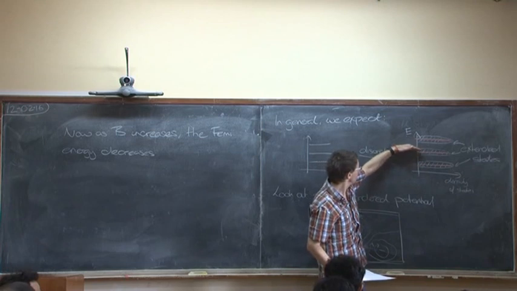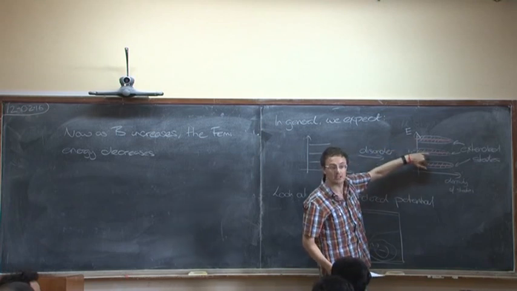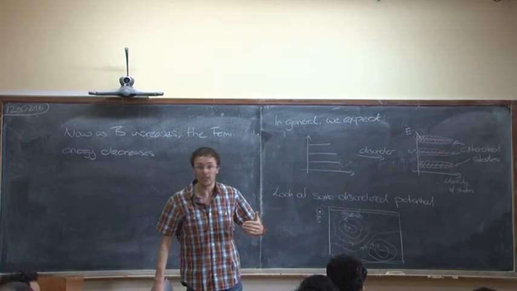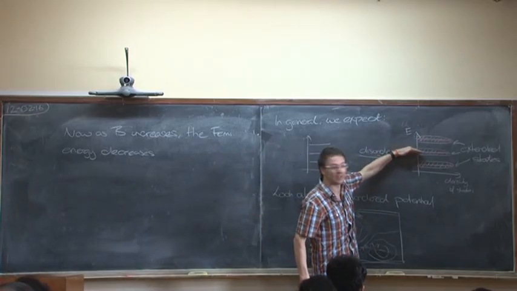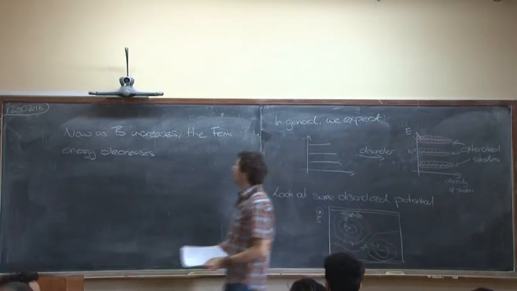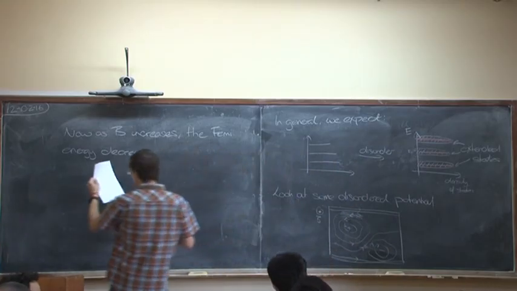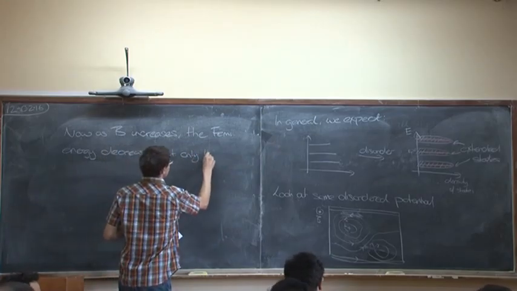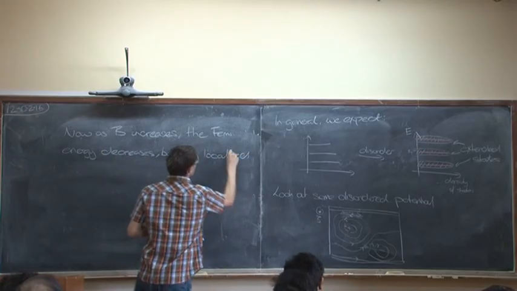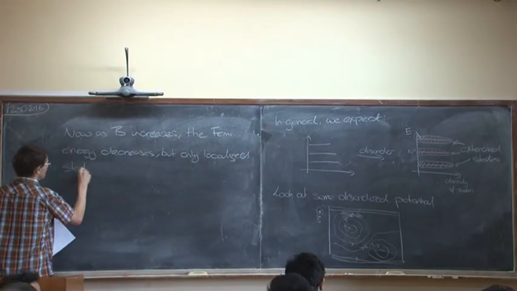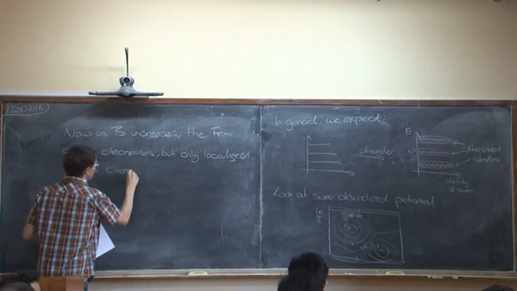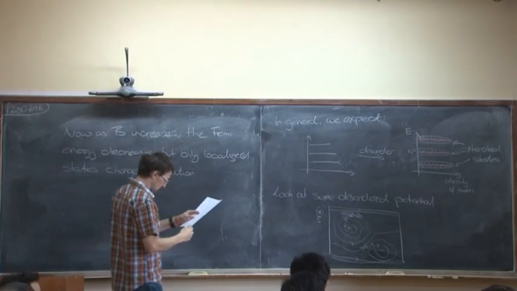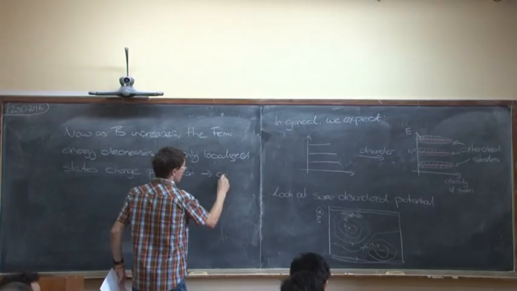But as the Fermi energy decreases, you're not changing the number of populated extended states. You're only changing the number of localized states. So the resistivity or the conductivity isn't changing until you finally hit the extended states. So as B increases, the Fermi energy decreases, and only localized states change their population number, which means the conductivity is expected to remain constant.